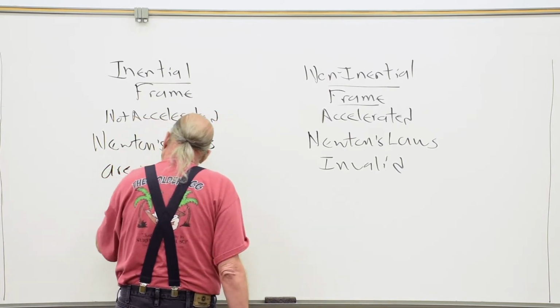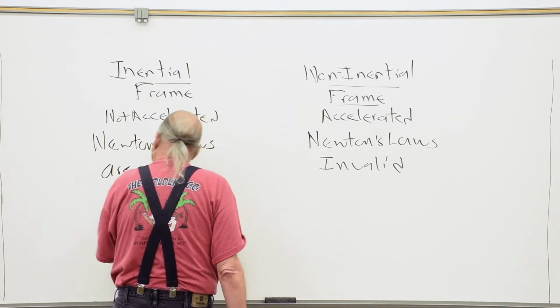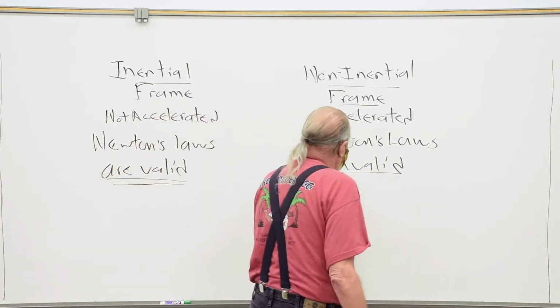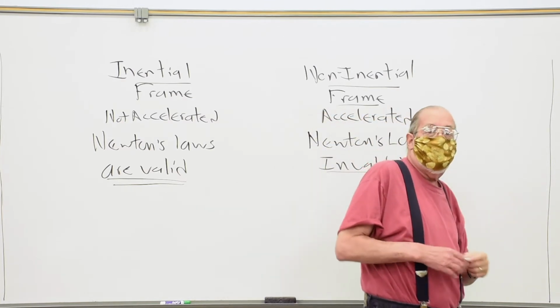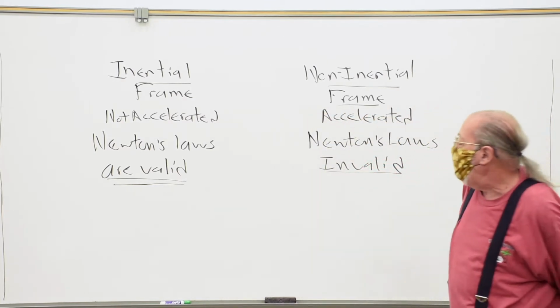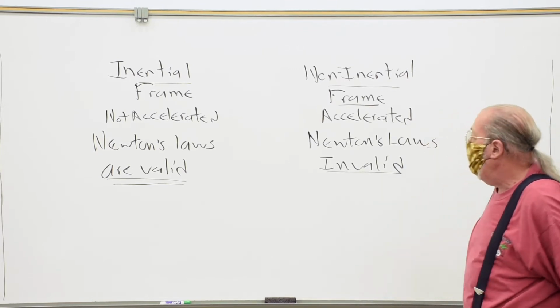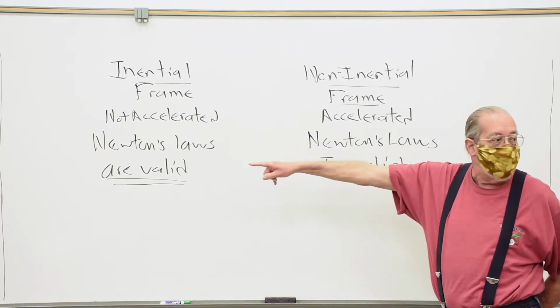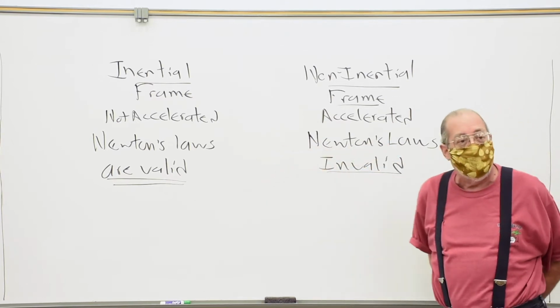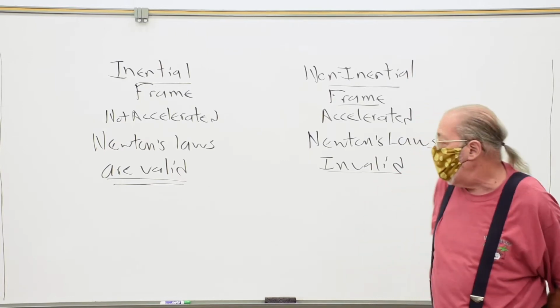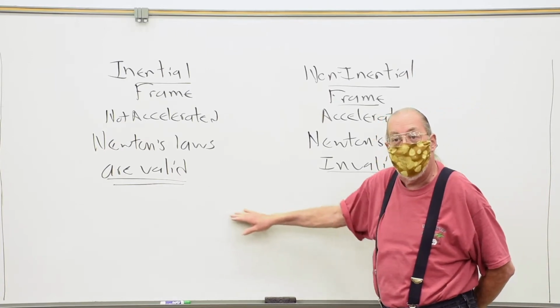And that is essentially how you figure out which one you are in. You perform simple experiments to see if Newton's laws are working, and if they are, then you're in an inertial frame. If not, then you are in an accelerated or a non-inertial frame. The key thing here is you can determine which one you are in.